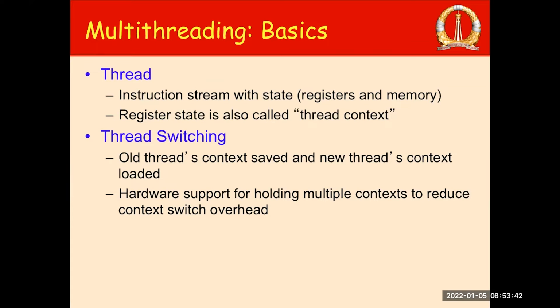That means that if there are 32 registers in the register file, and if there are 4 contexts or 4 threads, then you will actually have 4 register files, each of size 32, so that every thread can hold on to its state as far as the registers are concerned, even when they have been switched out of the execution. This is for certain states. For certain other states, we might be doing something else.